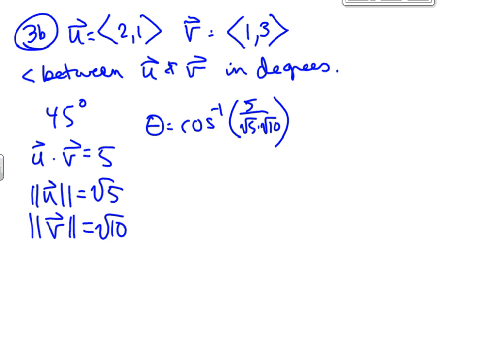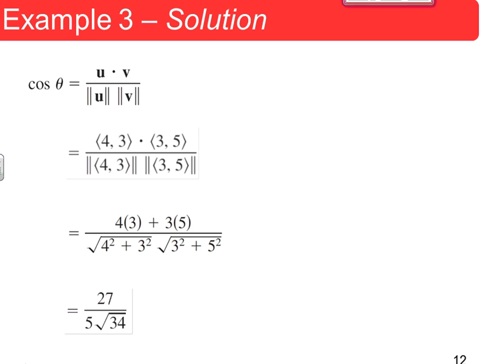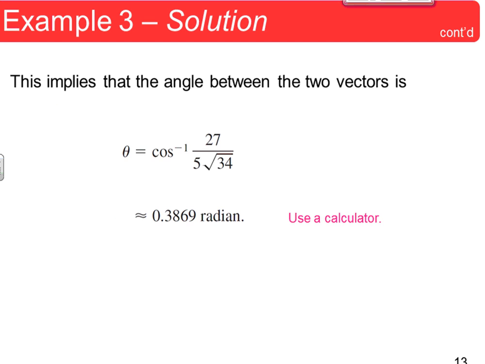Now, the next thing we want to do is think about this formula a moment. I'm just going to write it again. Cosine theta equals u dot v over the magnitude of u times the magnitude of v.